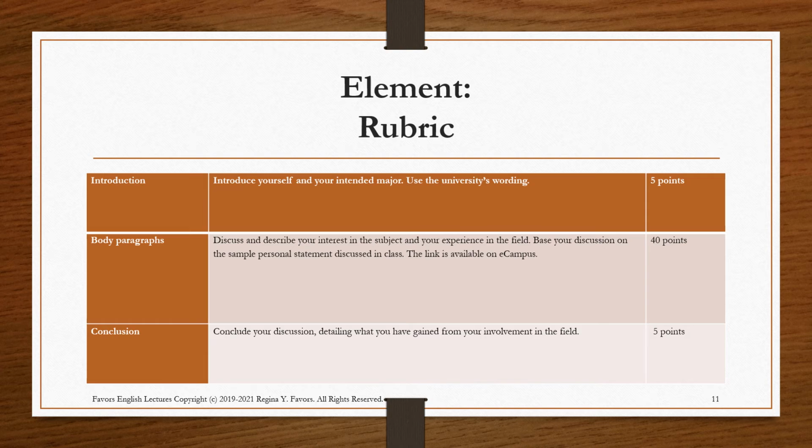Because if the argument is your major is electrical engineering, but you've had no involvement to date in 2 years, not through coursework, not through volunteer work, intern work, or something like that, then how persuasive are you to the person reading your personal statement that this is the field you really want to get into?